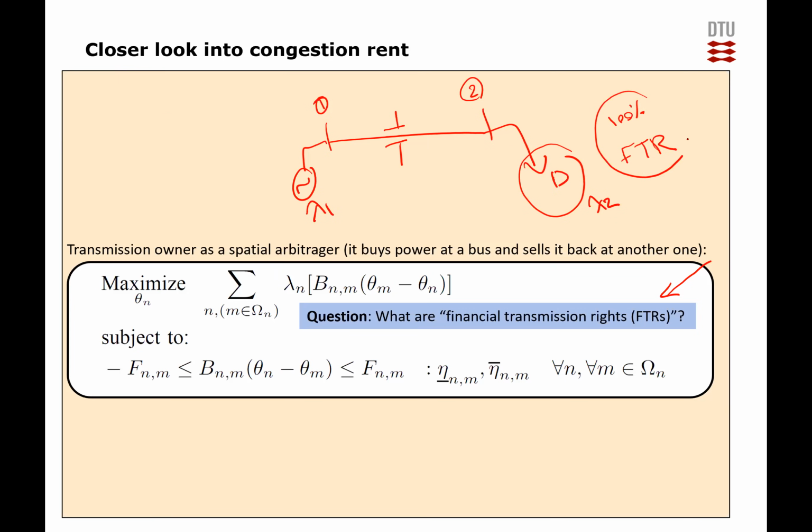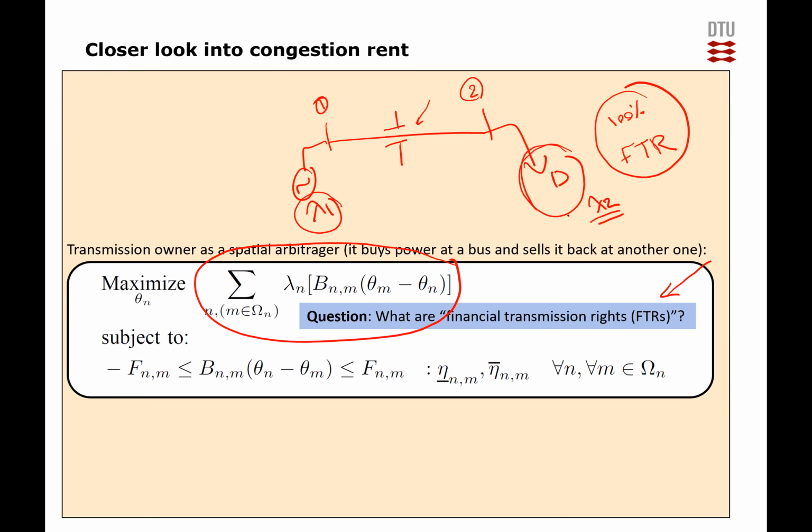But if the demand buys 100% of the FTR of this line, then we will pay the demand back the whole congestion rent of the corresponding line. So it means that the demand D, though there is congestion, at the end of the day will pay at the price of lambda 1, because the congestion rent will compensate the difference of lambda 2 and lambda 1. Okay?